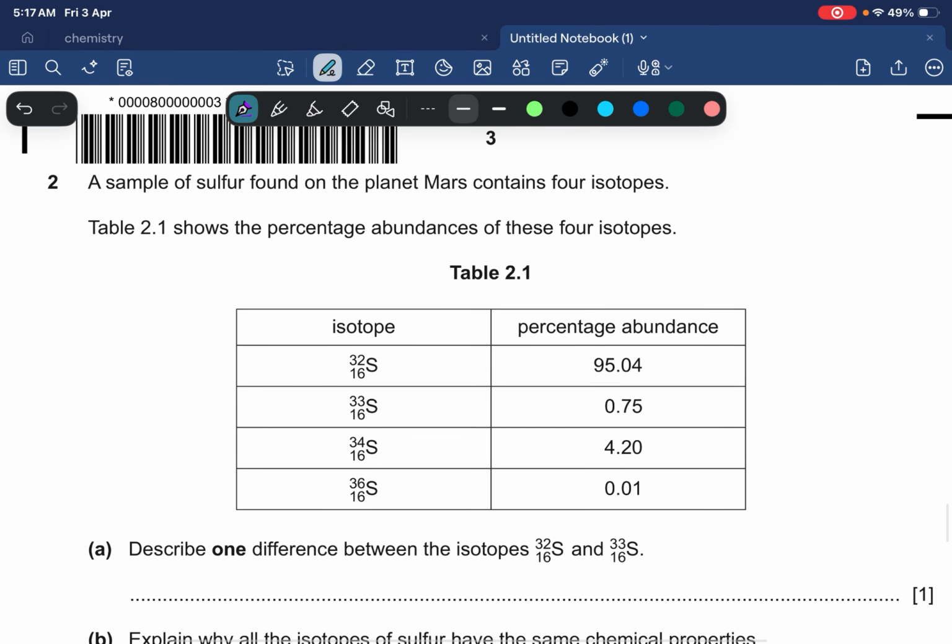A sample of sulfur was found on the planet Mars, which contains 4 isotopes. Table 2.1 shows the percentage abundances of these 4 isotopes. So this is my mass 32, 33, 34, 36, and then this is my abundance in which they are present.